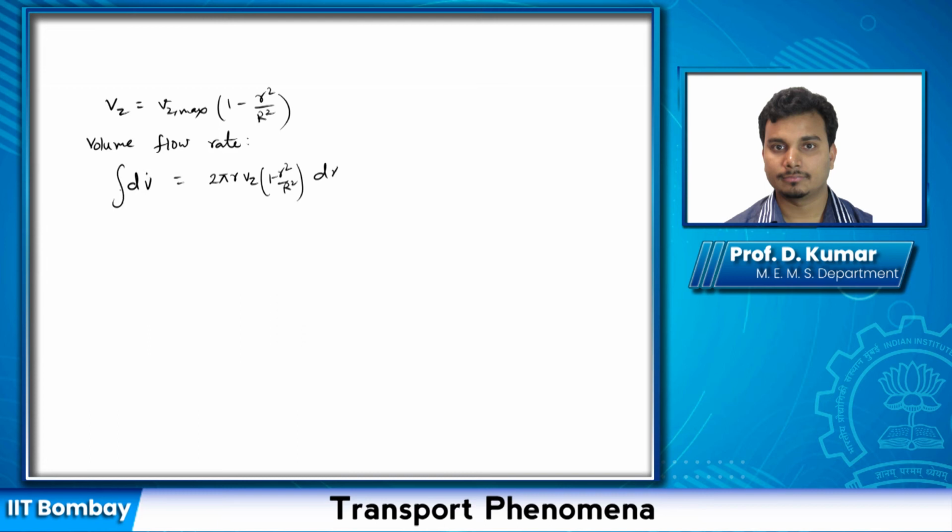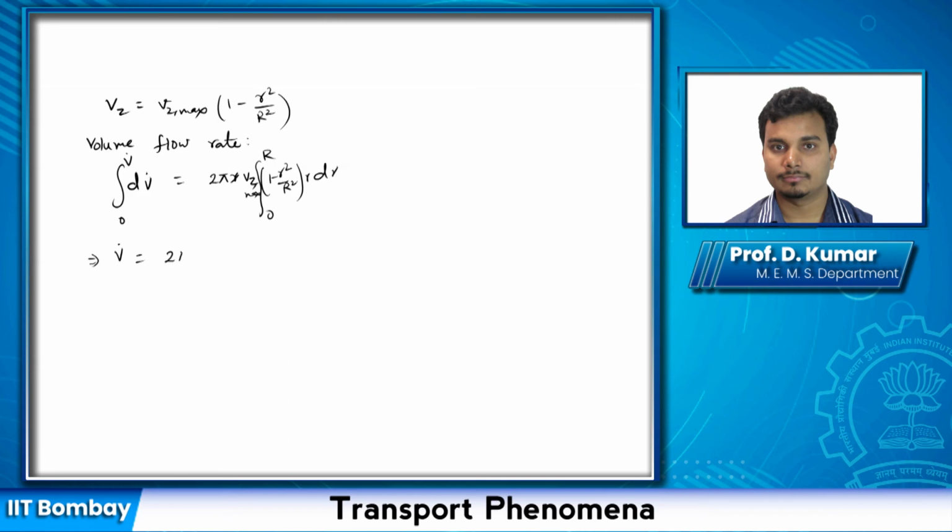So here it should be Vz max, which becomes constant. If you integrate this, at r equals 0 of course you don't have any volume flow rate. So across the cross section we want to know what is the volume flow rate. So we integrate, and we have to put capital R here.